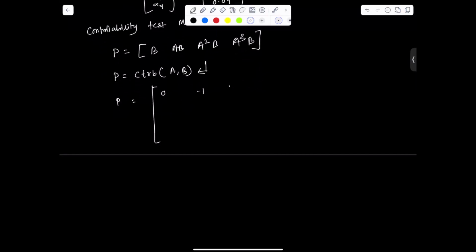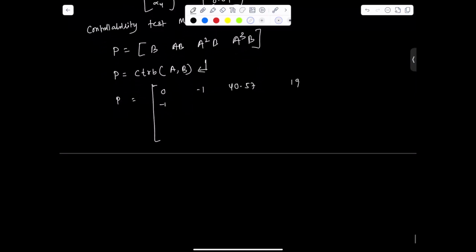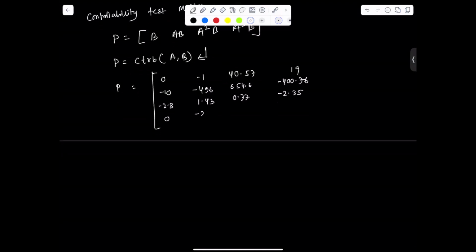0, -1, 40.57, 19, -10, 4, 496, 6, 5, 4.6, -400, 0.76, -2.8, 1.43, 0.77, -2.35, 0, -2.8, 1.43, 0.77.